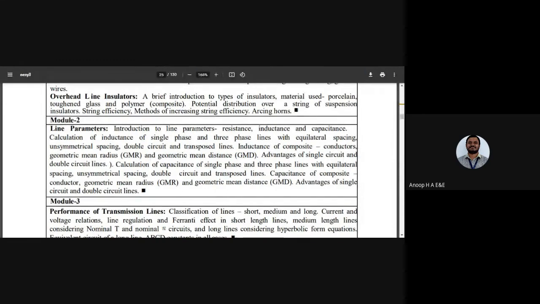With this note, let me begin today's class with a brief introduction regarding the line parameters. Let me stop sharing and share the whiteboard.